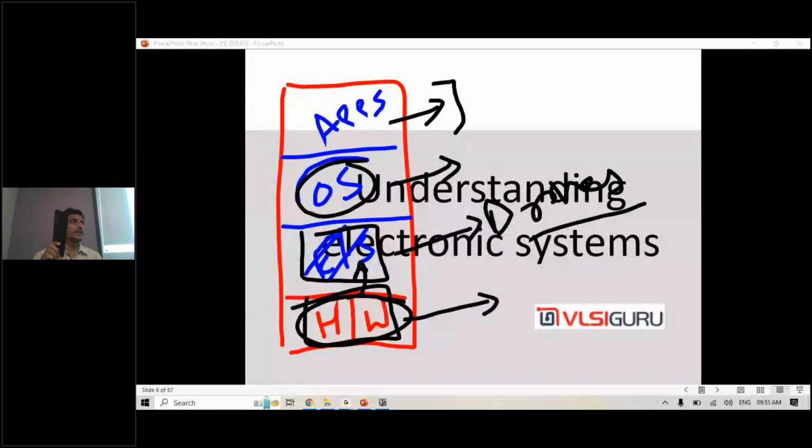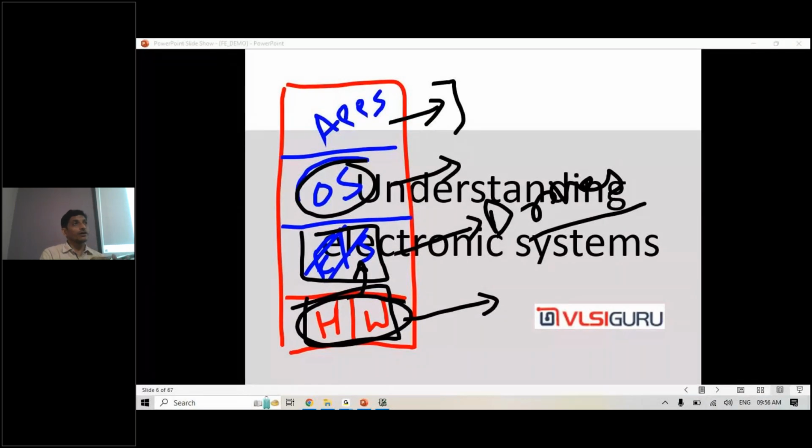Everything that happens in hardware has to be controlled through the embedded system. Even the mobile phone turning on, turning off, somewhere it is related to the embedded system. Then where does the embedded system get instructions from? OS. Then the OS in turn has applications which control it.